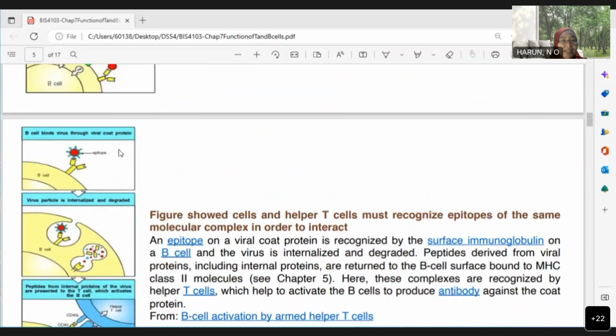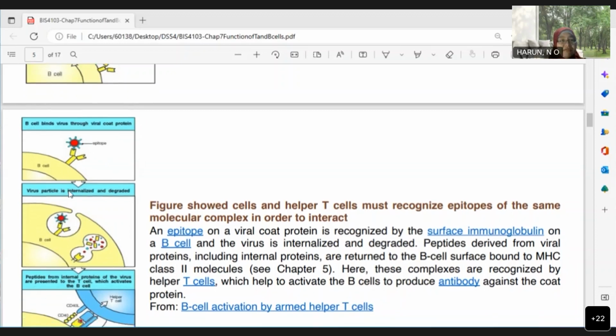So this is how the B cells bind virus through viral coat protein. This is the epitope, and on the B cells we have the sites on the surface that will capture the epitope, which is the paratope. So this is how it looks when it fuses with this particular epitope, the surface receptor, which is the paratope.